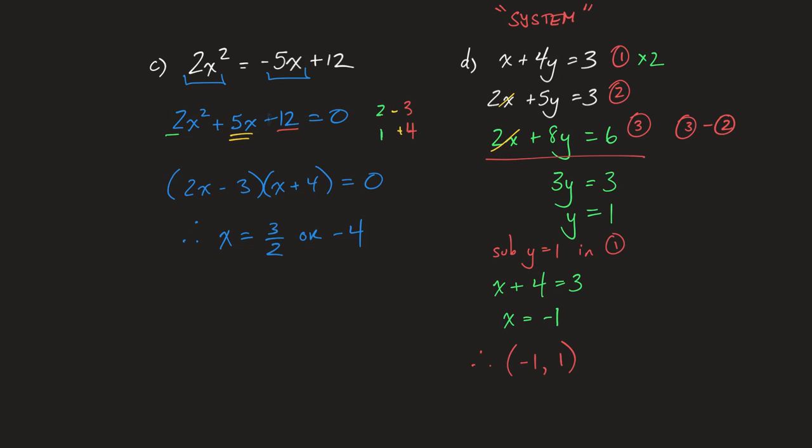If you have something different, then I would have expected a lot of people to just have taken equation 1 and got the x all by itself. And now we would have subbed equation 1 into equation 2. Wherever I saw my x, I can sub in 3 minus 4y.